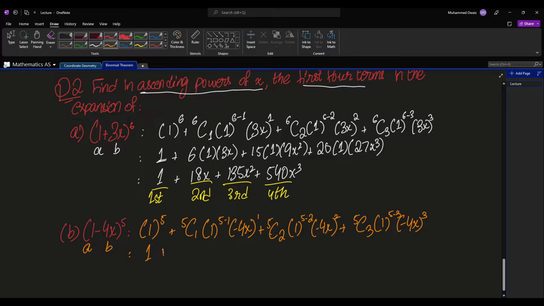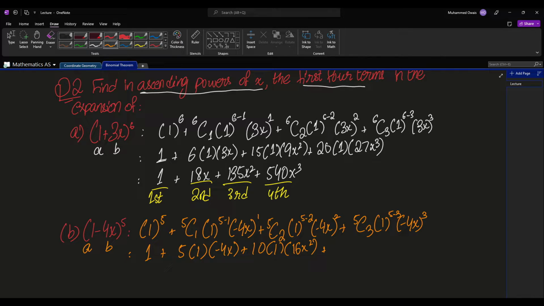This becomes 1 plus 5C1 is 5, 1 into negative 4x, plus 5C2 is 10 into 1 into negative 4x squared. Now remember that if you square a negative term, it becomes positive. So then this becomes 16x square.